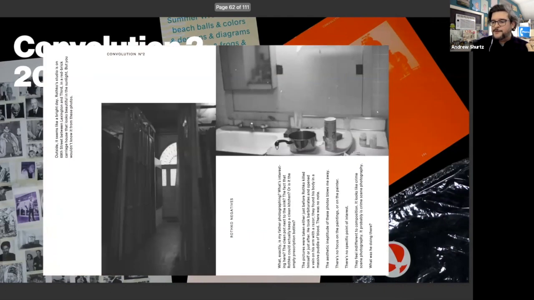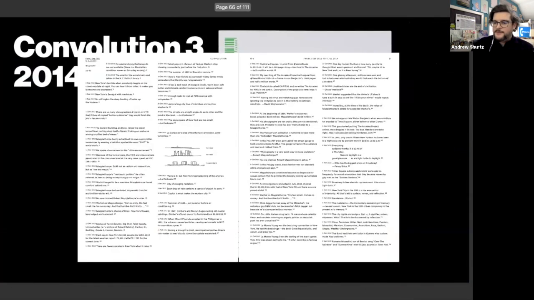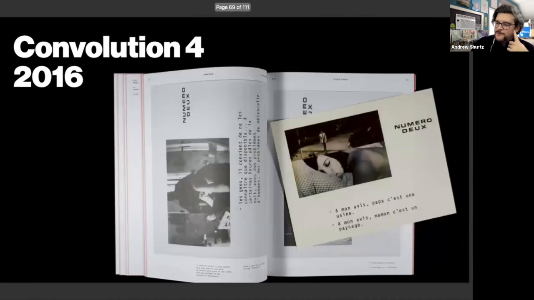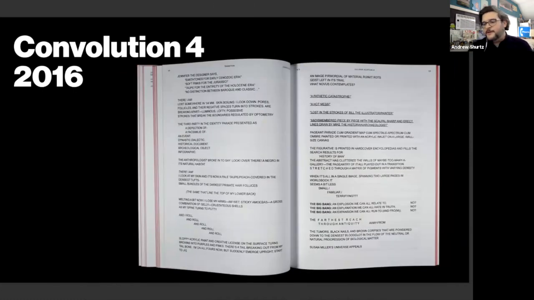For the third issue, we made the journal bigger, but kept the images small. Lots of negative space. For the fourth issue, we went red all over and got to work with some other nice stuff, like Jean-Luc Godard title cards, a new English translation of an illustrated essay by René Magritte, and an amazing poem by Juliana Huxtable. We kept it in Arial because it didn't feel right in our own typefaces.